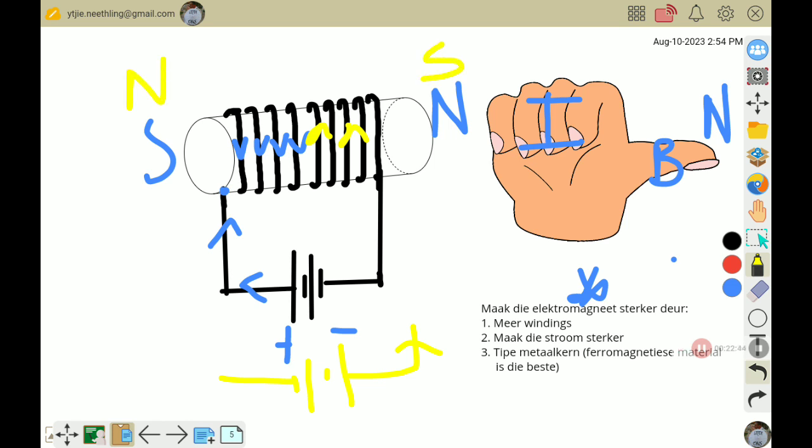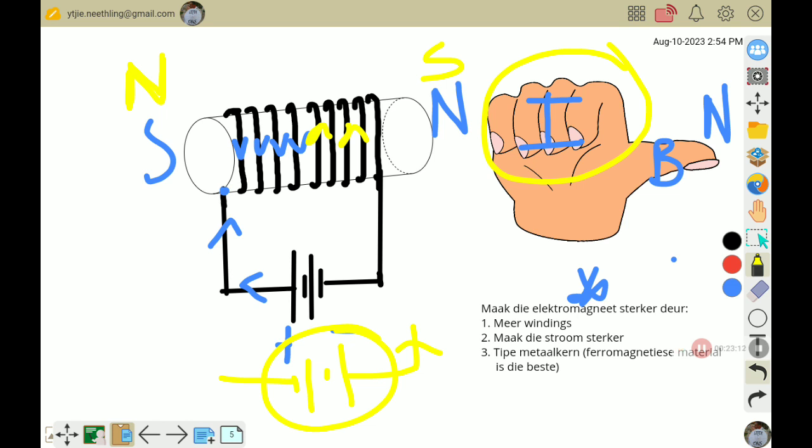So if you curl your fingers away from you, so the opposite than this picture, to the back, like in the direction of the yellow arrows, you will see that your thumb will point that side as north.